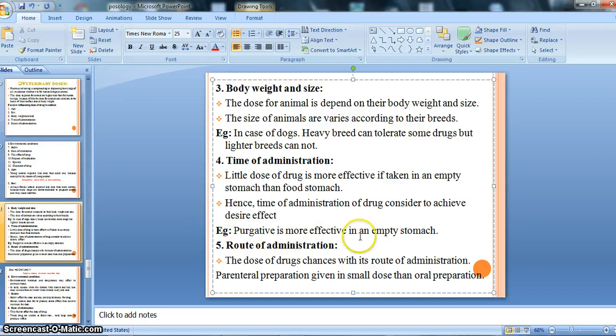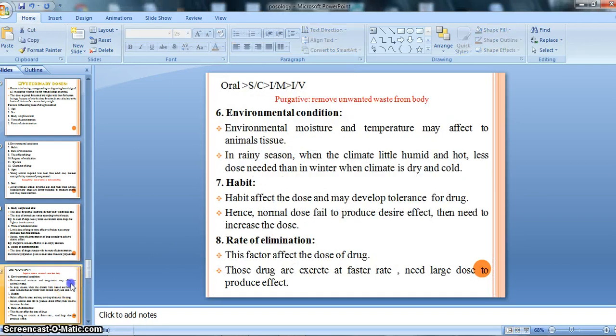A purgative is more effective on an empty stomach. Purgative means a drug that removes unwanted waste from the body.